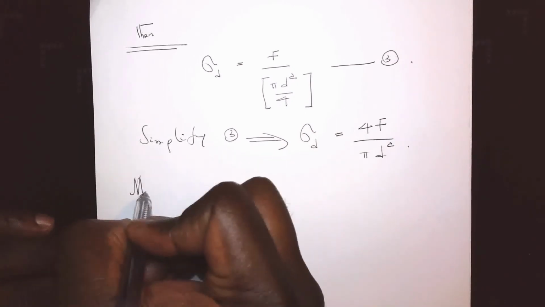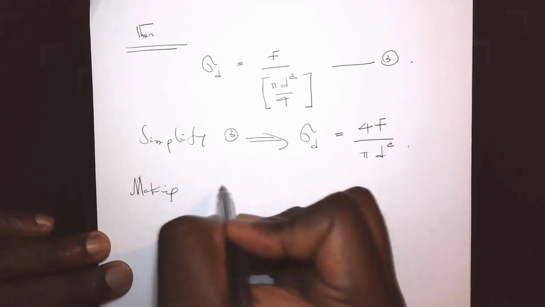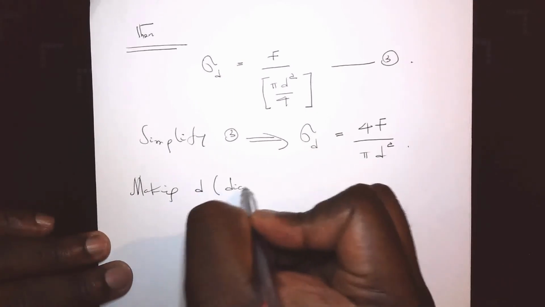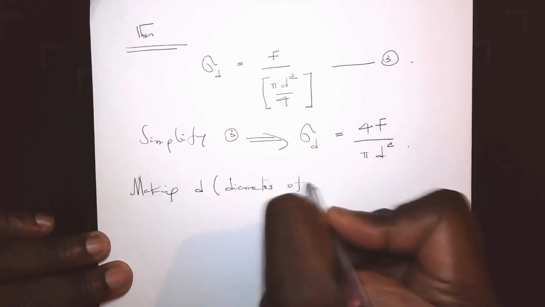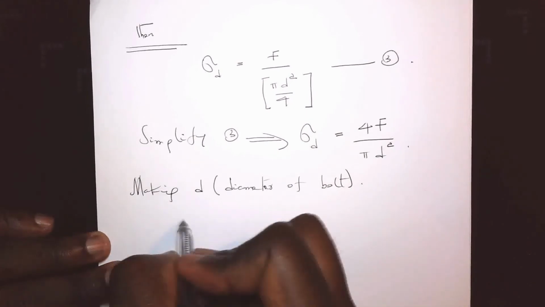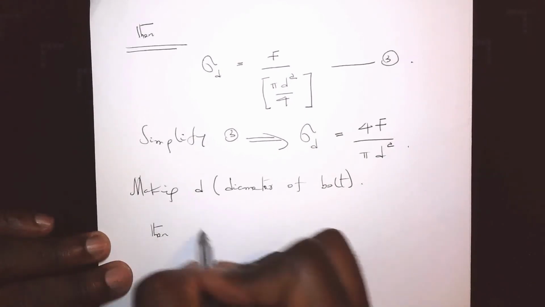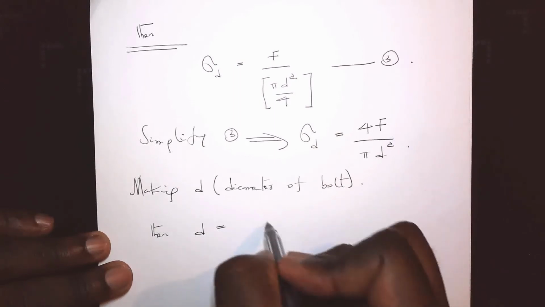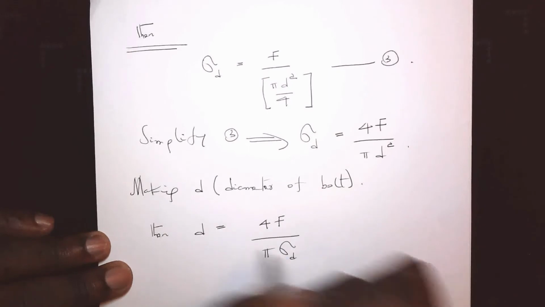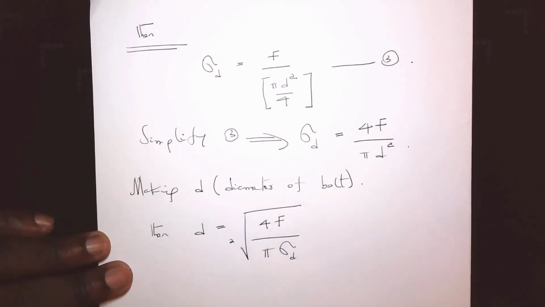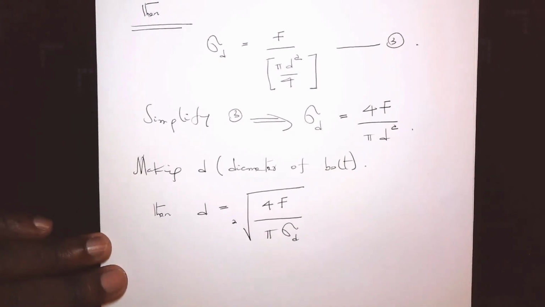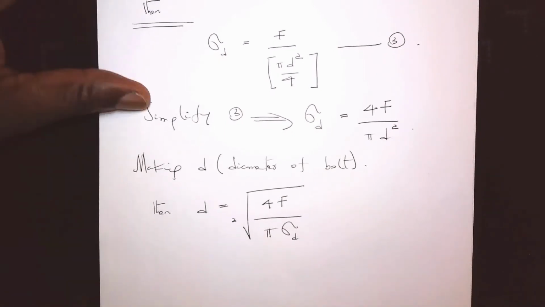So making d, which is the diameter of the bolt, the subject, d will be equal to the square root of 4F over pi sigma d. We can now substitute known variables into the equation and work out the diameter of the bolt.